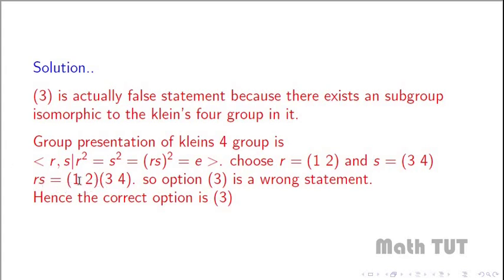And if you find RS, you just find the combination of those two functions. You're going to get again a product of two disjoint cycles, and this is also of order 2, because the order of this element is the LCM of the orders of these two. LCM of 2 and 2 is again 2. So its order is also 2. So we could present a Klein four-group structure inside S5.